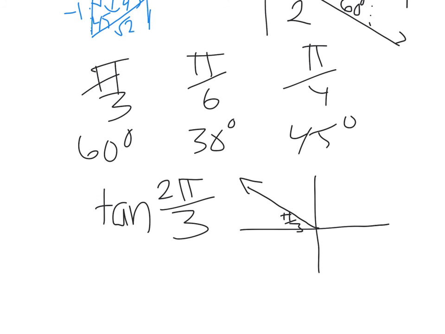Again, totally fine if you're thinking, okay, 2 pi over 3 is 120, so 60 is left over. So we're working in a 30, 60, 90 triangle. And so opposite the 30 is 1, but it's going to be -1 because I'm in quadrant 2. Opposite the 60, or pi over 3, is √3, and then 2. And tangent, remember, is y over x, so it would be √3 over -1 or -√3.